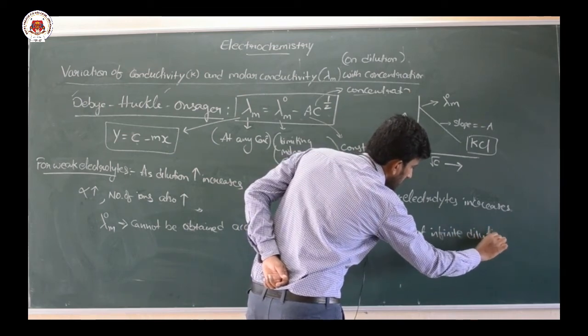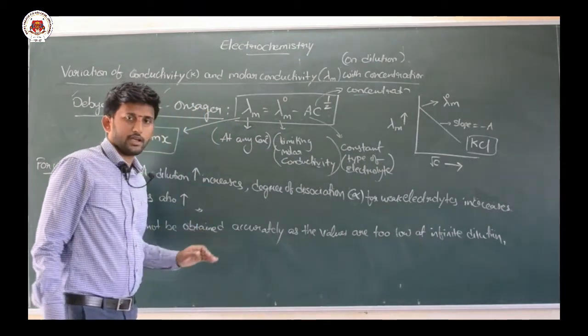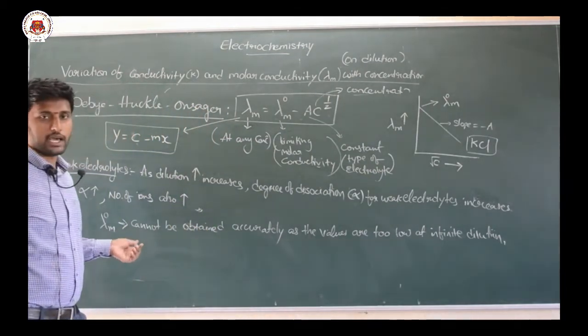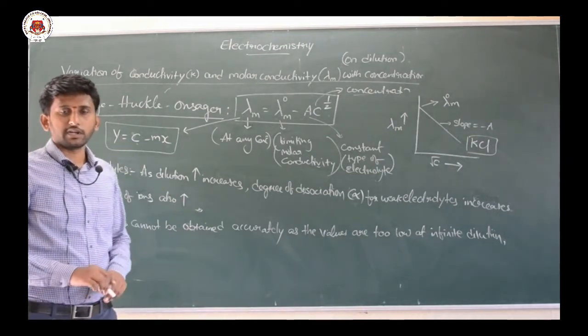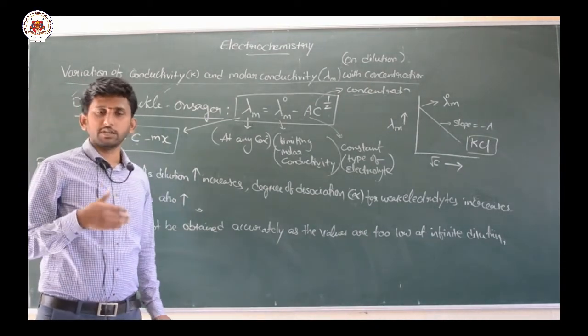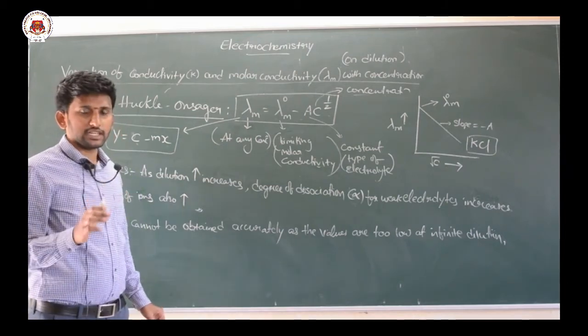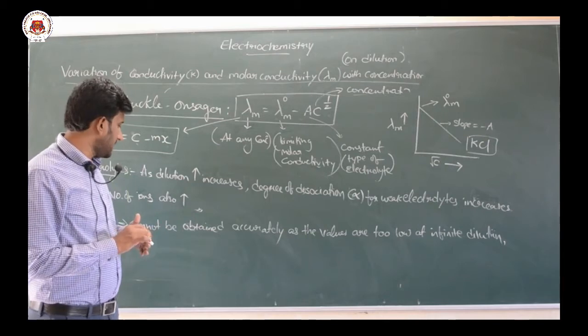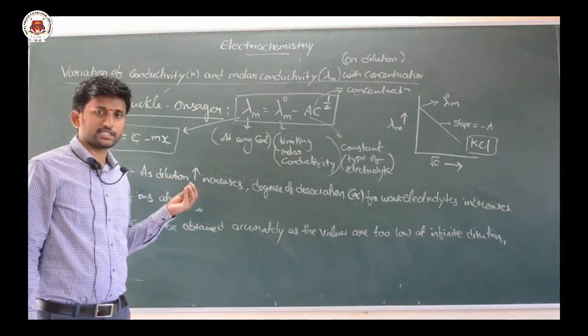Now what does this mean? Even though molar conductivity is increasing with dilution, and there is no doubt it keeps on increasing, along with the dilution, concentration is keeping on decreasing.